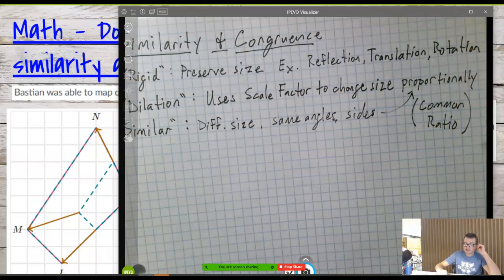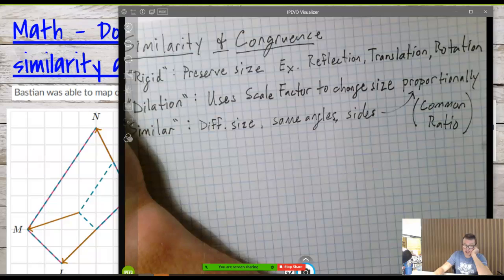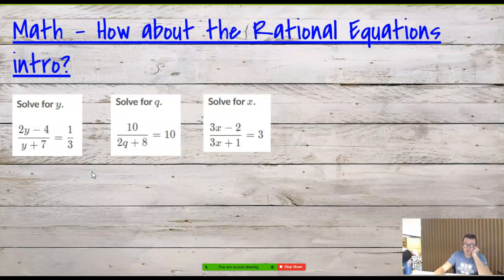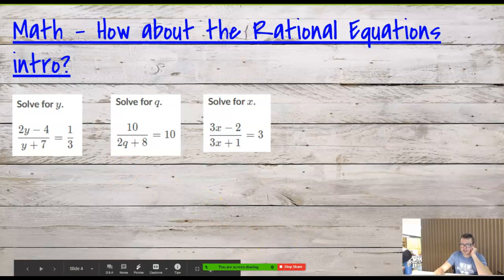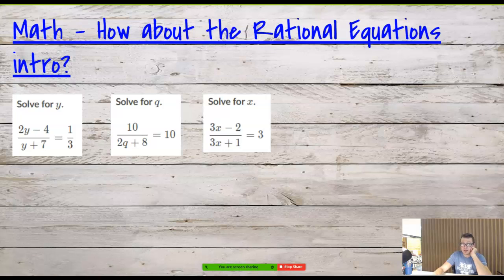So this is where and why we end up with problems like this. So now, I understand when these were thrown at you, you might have just said, oh, it's algebra. And you're right. But the reason we have you practicing this algebra is so that we can deal with similar shapes.